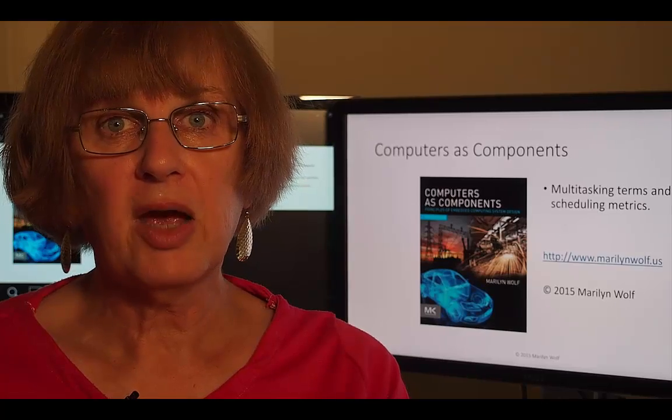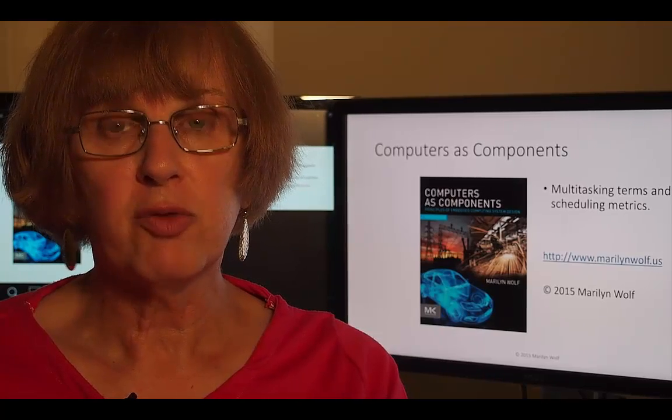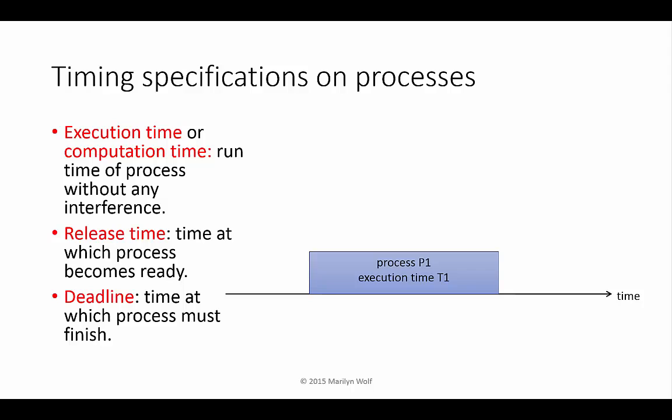Next, let's talk about how we describe timing for processes. One of the most basic parameters of a program is its execution time or computation time, by which we mean the time it takes for the process to execute without anything else going on in the computer. Of course, with several processes running, the time it takes to finish will take longer.